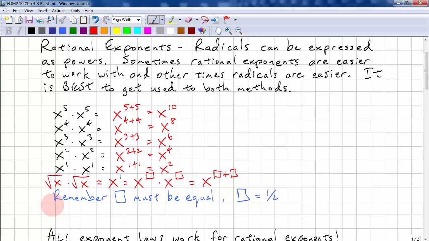Let's look at cube root. The cube root of x times the cube root of x times the cube root of x equals x. So the cube root of x must equal x to the power of what?